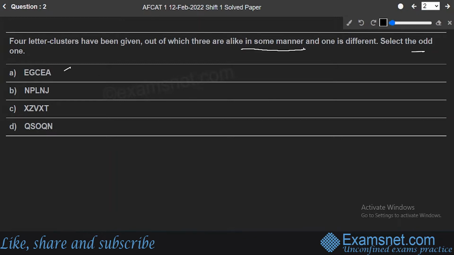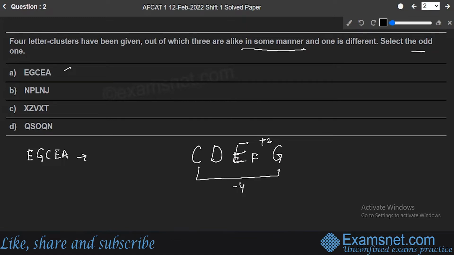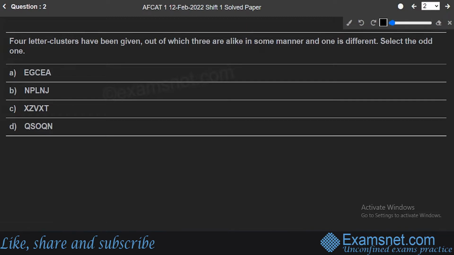I'm picking up the first one, which is EGCEA. The very first alphabet is E, then F, then G. That means from here to here you have moved +2.